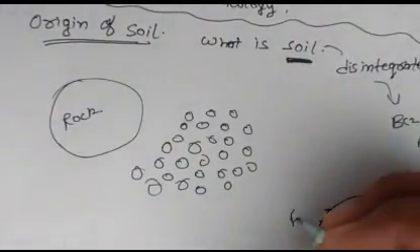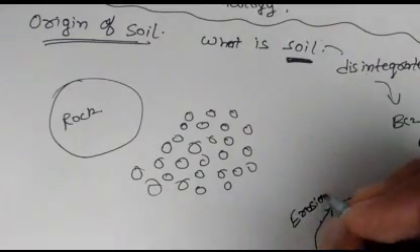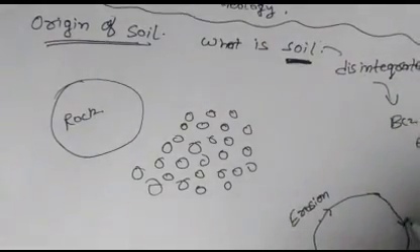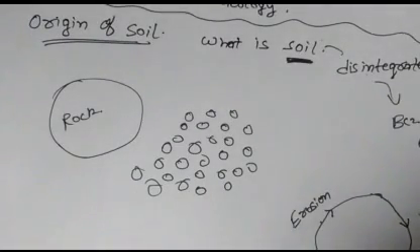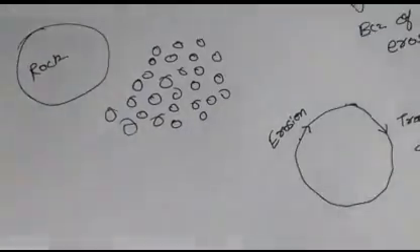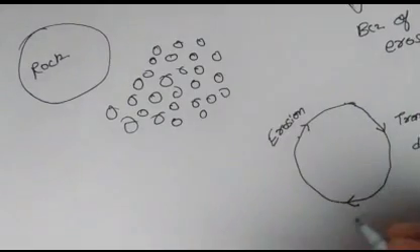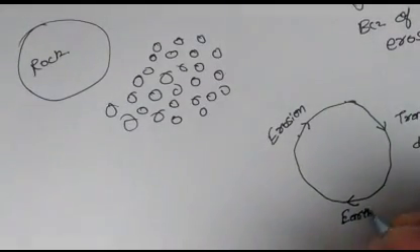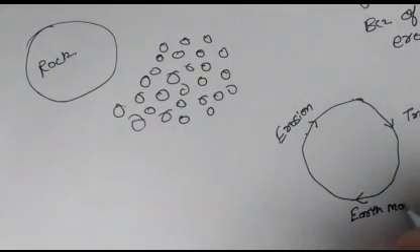Erosion will take place, that is disintegration of rocks. This soil particle will be transported and deposited, and again there will be few earth movements which will again generate the rocks, and then erosion. This cycle will keep on moving.